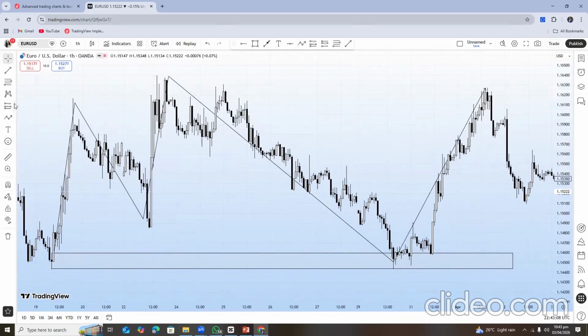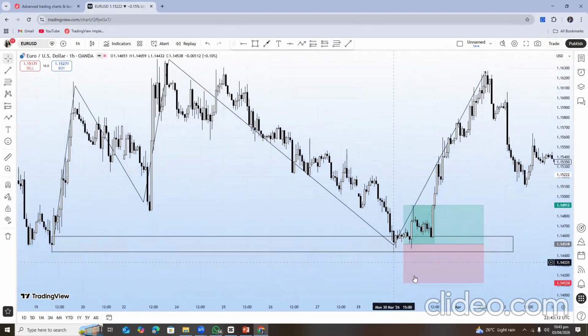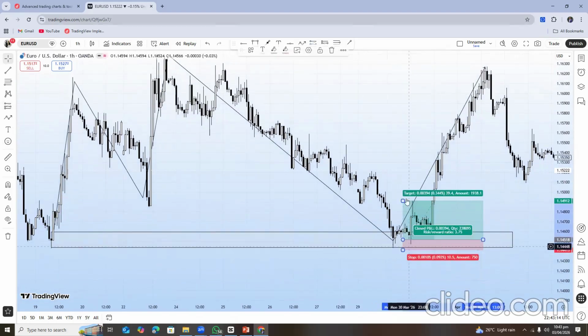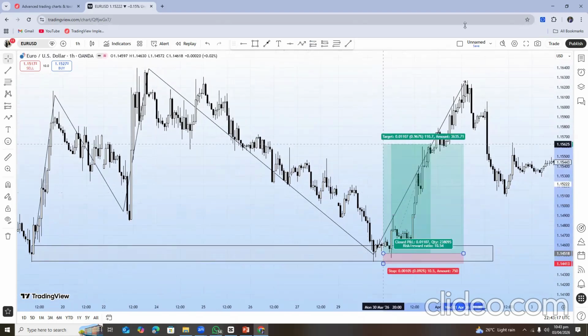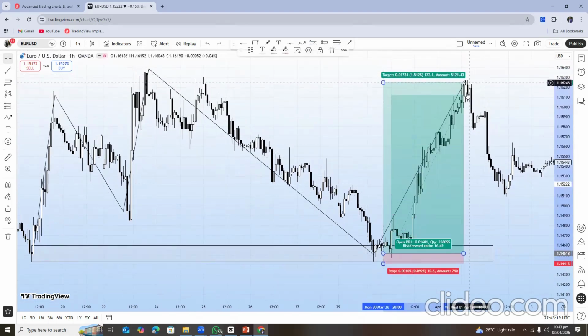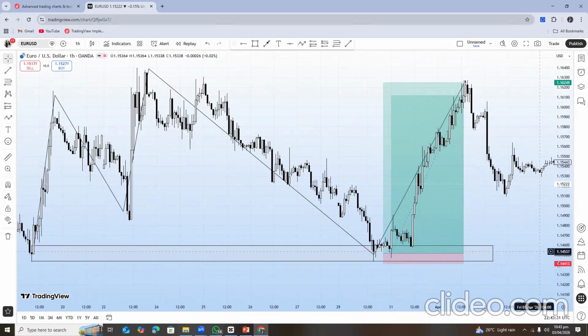Let's look at this. I want to calculate it for you. I want you to see what you missed because you didn't know this. All right. So let's say I want to enter there and assuming I took my TP at this level. So the entry is 1.1451.